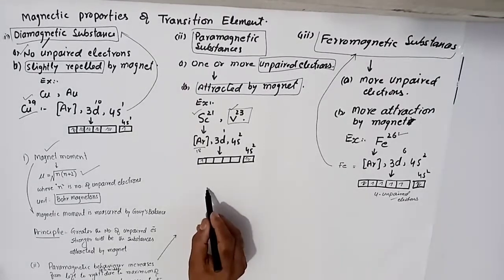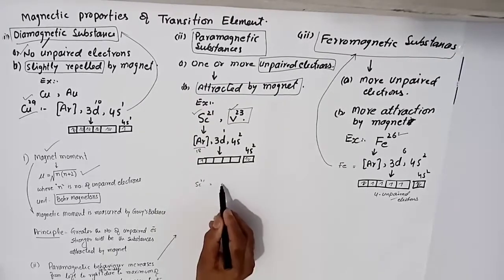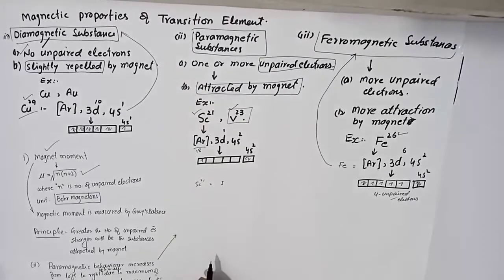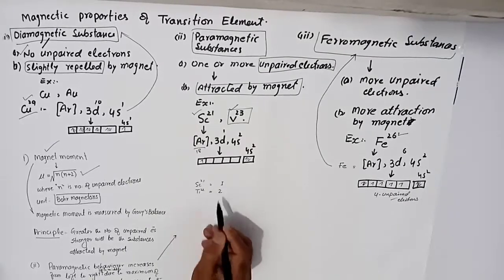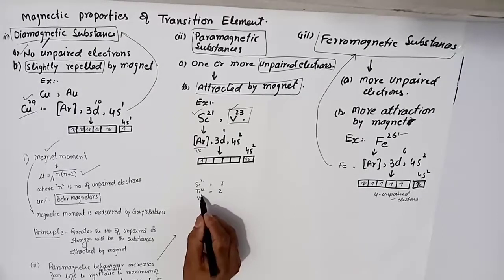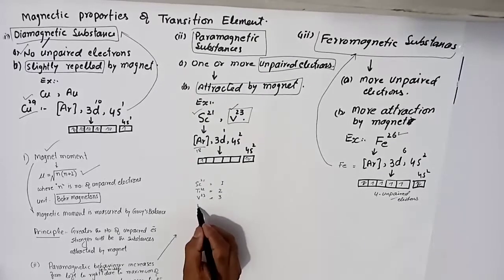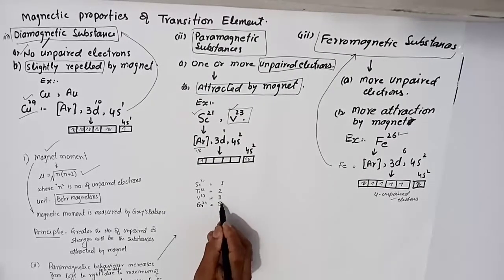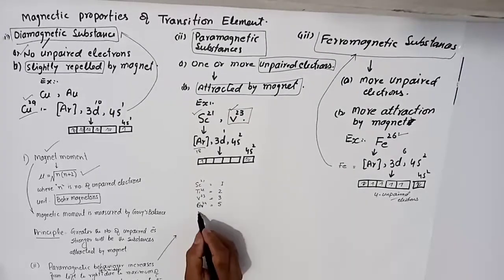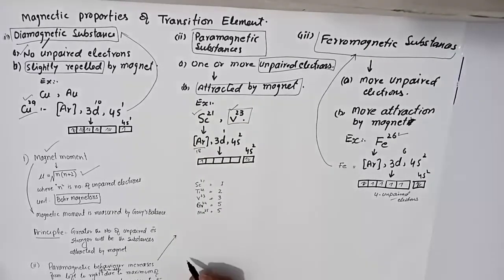Here you will see scandium 21 has 1 unpaired electron. Titanium 22 has 2 unpaired electrons. Vanadium 23 has 3 unpaired electrons. Chromium 24 has 5 unpaired electrons. Manganese also has 5 unpaired electrons.